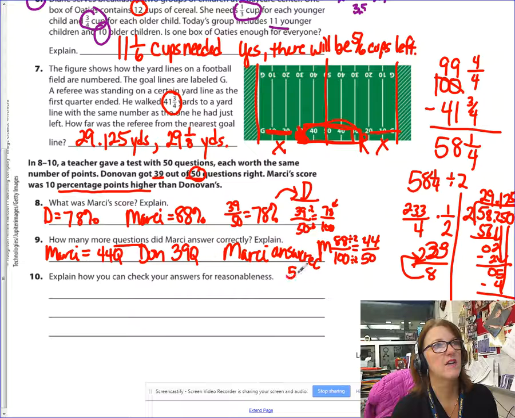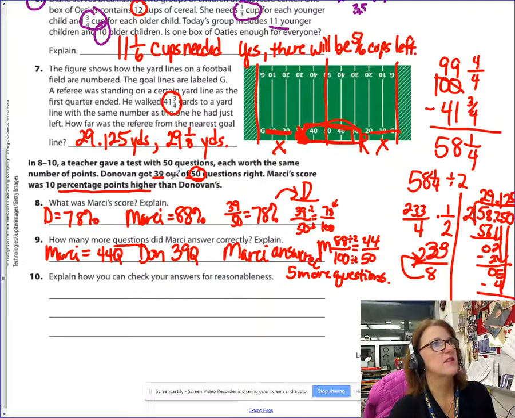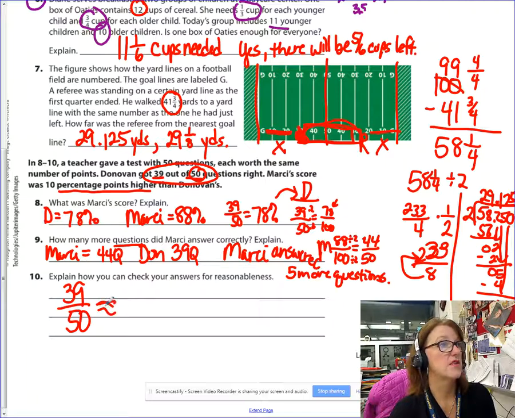Answered 5 more questions. All right, last but not least, how can you check for reasonableness? Well, I would say just by looking at this part, 39 out of 50, which is exactly equal to 78%, okay?